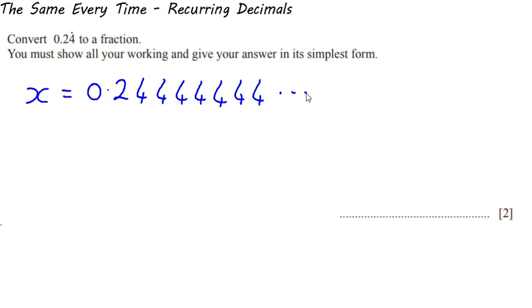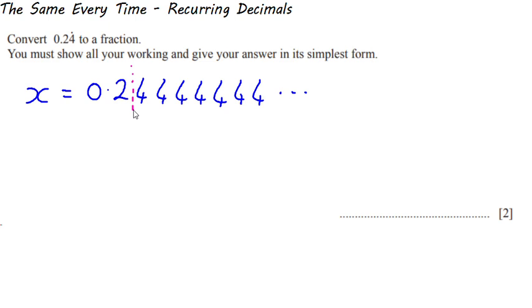The same method as we had before, we need to write it so that it is only the repeating part on the right-hand side, after the decimal point. Well, the repeating part starts just there, doesn't it? With all the 4s there, that's where the repeating part starts.